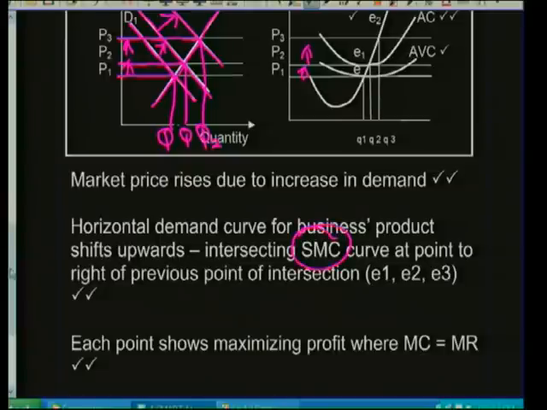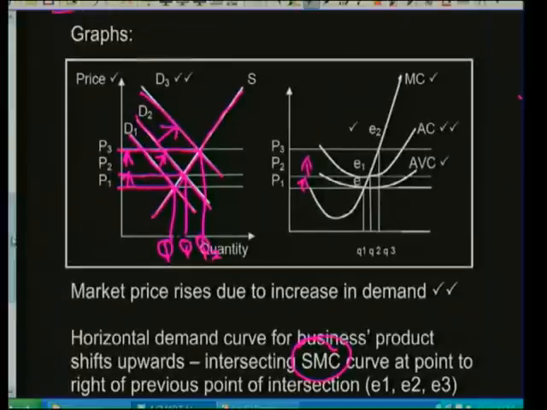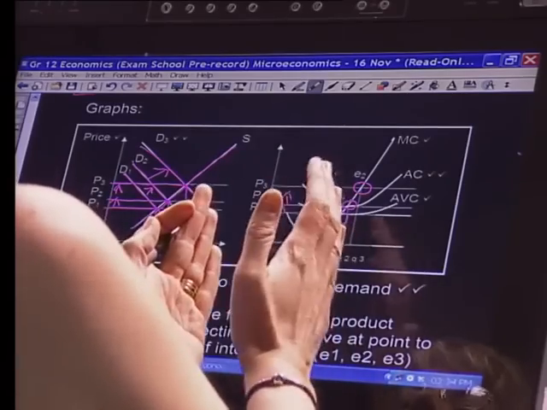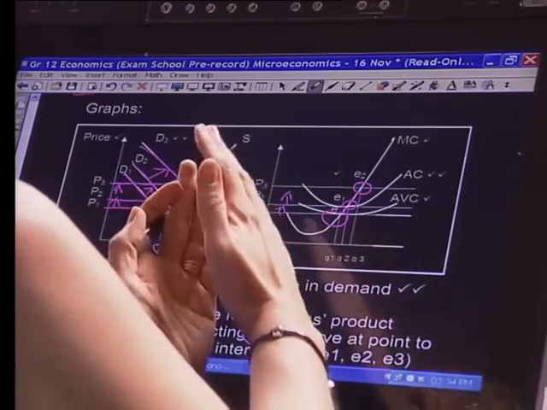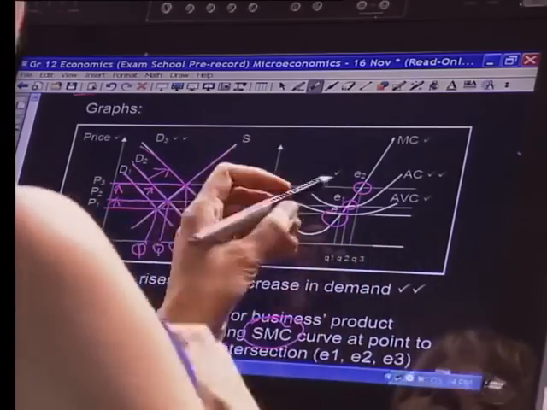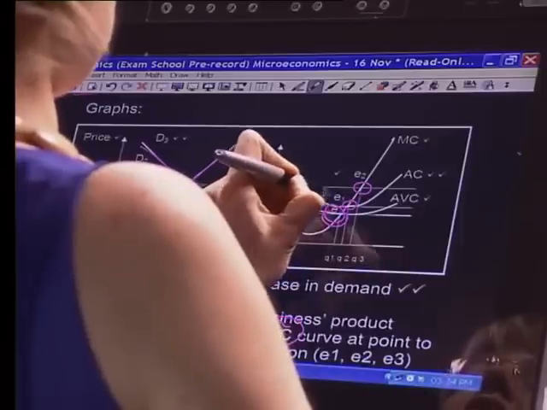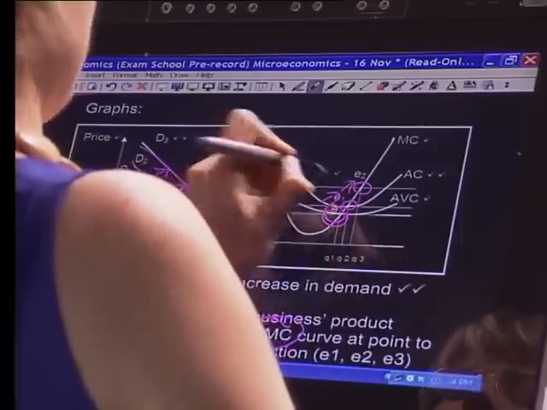So I want to go back there. There's the marginal cost curve. Those are the different equilibriums at the point to the right of the previous point of the intersection. So what they are saying is, as the prices increase or the demand increases, the equilibrium will move from E to E1 and from E1 to E2.